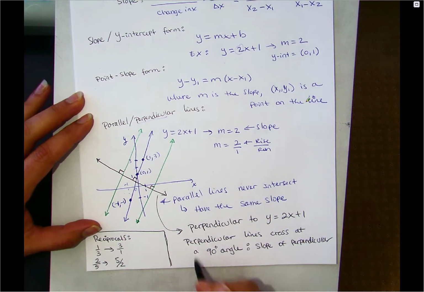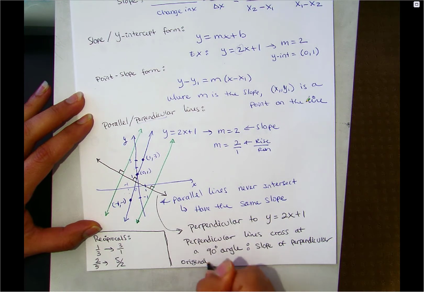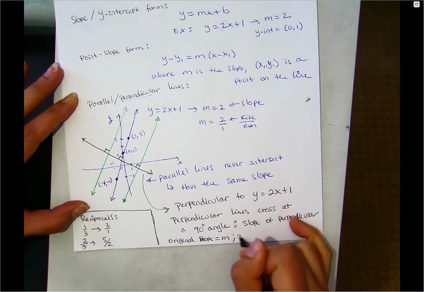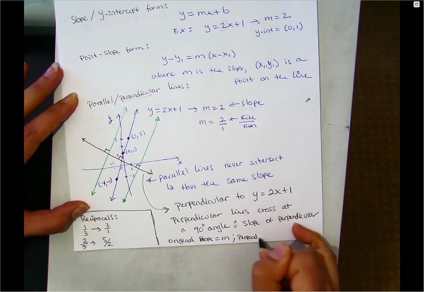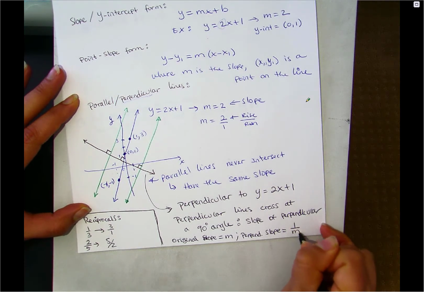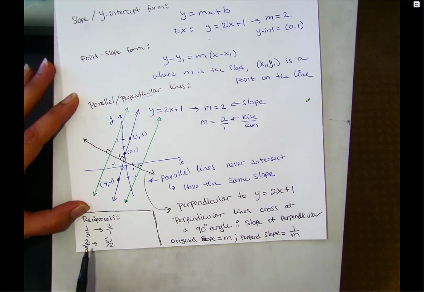And so here, for our original slope, the original slope equals m, so the perpendicular slope will be 1/m, right? Just like we did here.